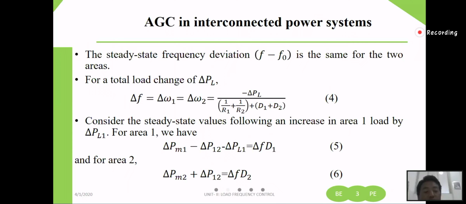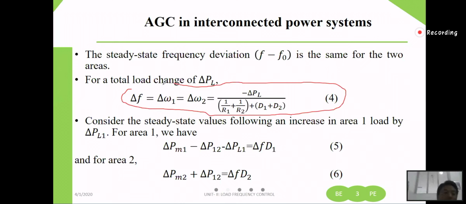In steady state, the frequency deviation f minus f naught, equal to del f, is the same for two machines. If the total load in the system changes by del PL, then the frequency change is represented by equation number 4.